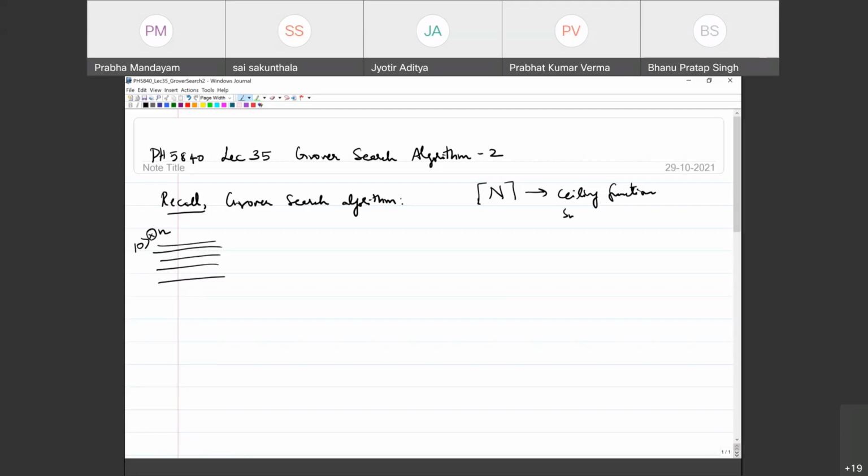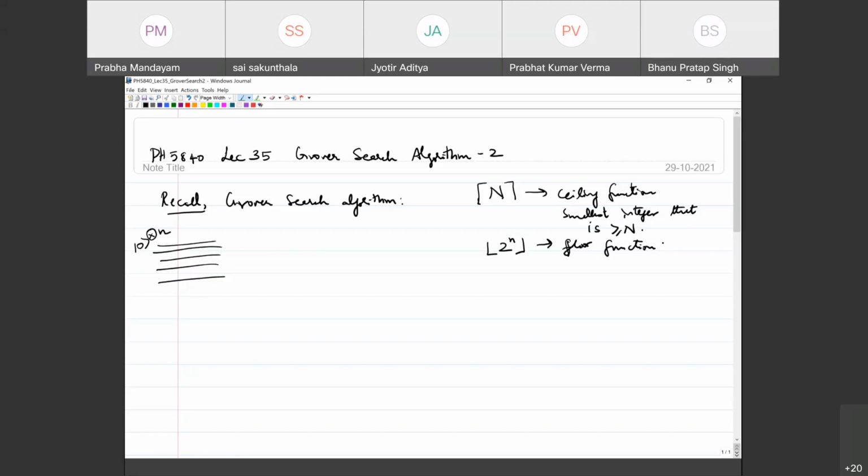So the smallest integer greater than or equal to n. Actually, what I want rather is this, okay, the floor function, right? So the floor function would mean the largest integer that is smaller than this, right?